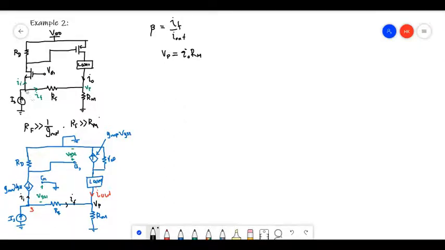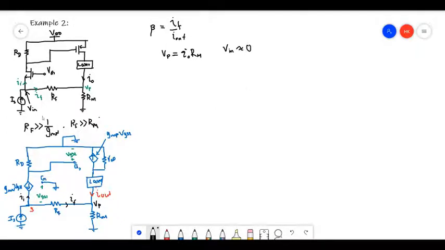Due to this drop, the voltage at this point, V in, is approximately equal to 0. That means it's a very low voltage, so we don't need to consider it.